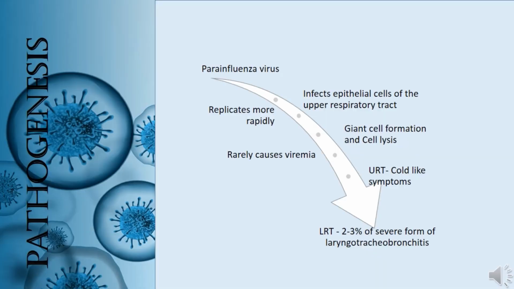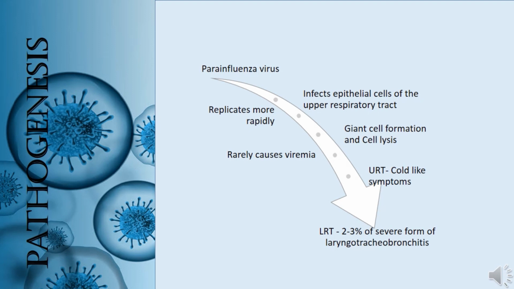Pathogenesis of parainfluenza viruses. Parainfluenza viruses infect the epithelial cells of the upper respiratory tract. Then the virus replicates more rapidly than measles and mumps virus and can cause giant cell formation and cell lysis. Unlike measles and mumps, the parainfluenza viruses rarely cause viremia.